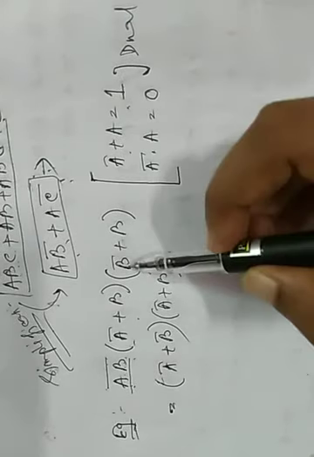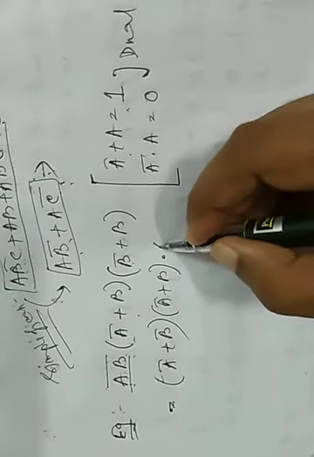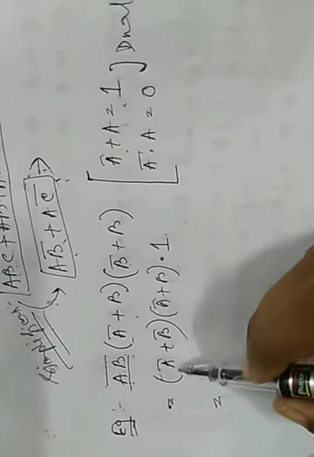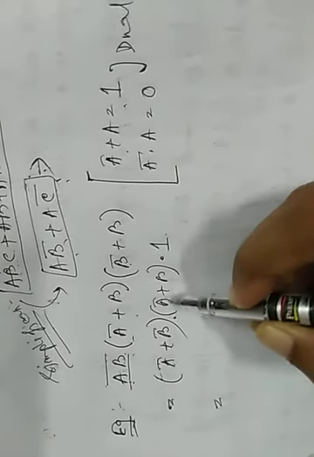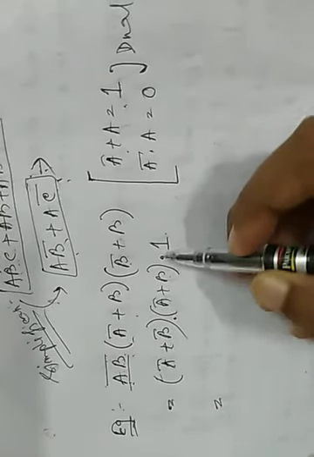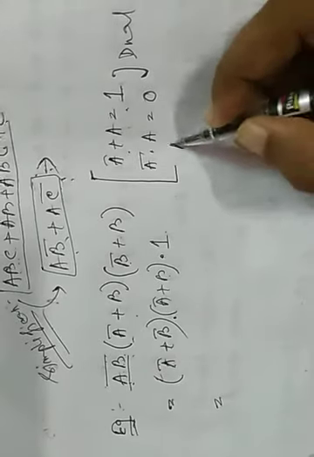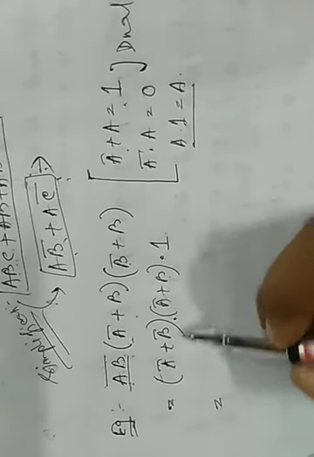So here b bar plus b means it is 1. Now here you can see a bar plus b bar dot a bar plus b, and dot 1. Anything dot 1 is equal to itself. This is also one Boolean algebra law.